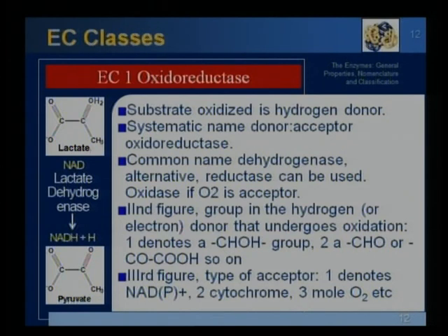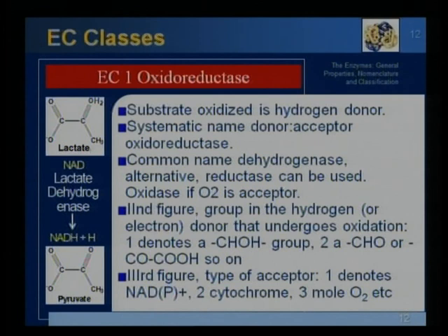So in this slide I am going to tell you what oxidoreductases are able to do. These are the enzymes which are able to oxidize one substrate, and this substrate which is oxidized is in fact a hydrogen donor. And the systemic name is, as I said earlier, derived by a structure called donor: acceptor oxidoreductase.